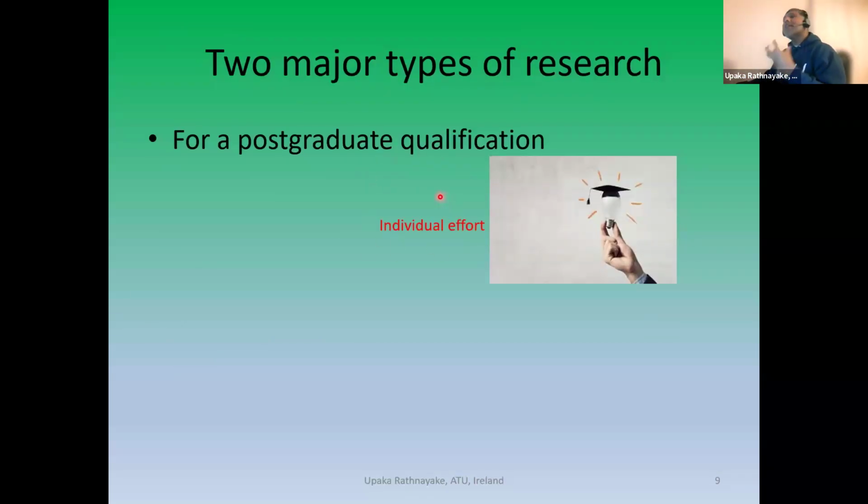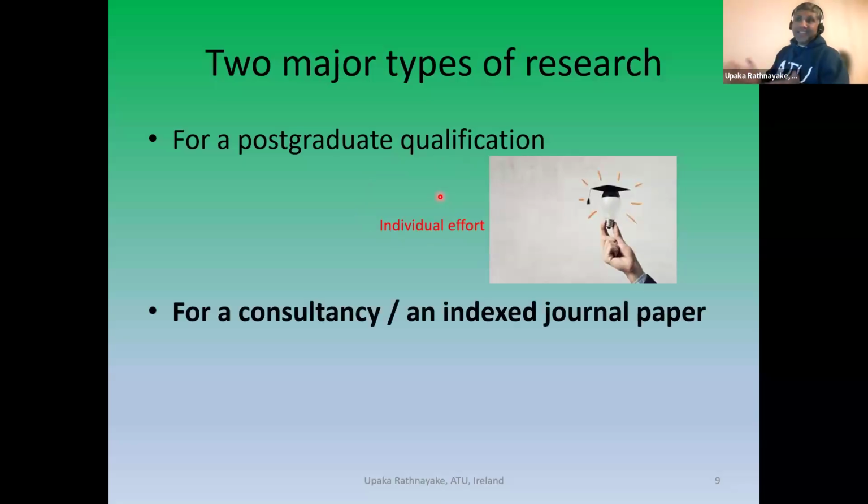When you are working on a PhD project, yes, you have a supervisor or a set of supervisors, but at the end of the day, it's an individual effort from the candidate, him or herself. The second one is consultancy or publishing an indexed journal paper.